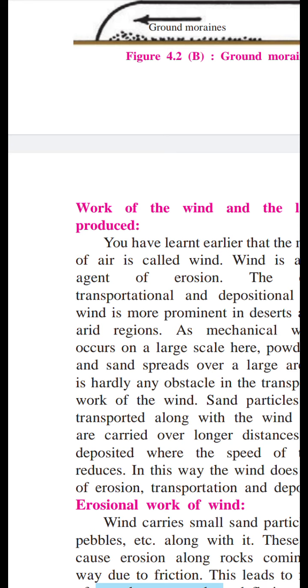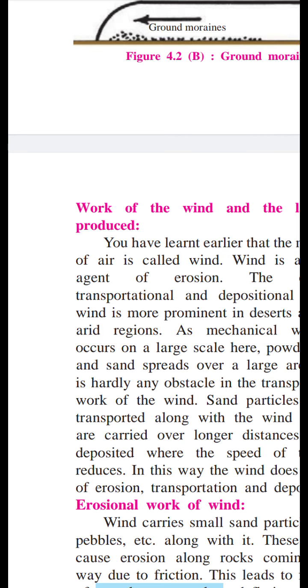We have seen the work of glacier and the work of the river, now the work of the wind. We have learned earlier that the movement of the air is called wind. Everyone knows the movement of the air is called wind.